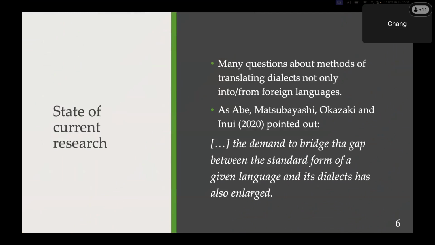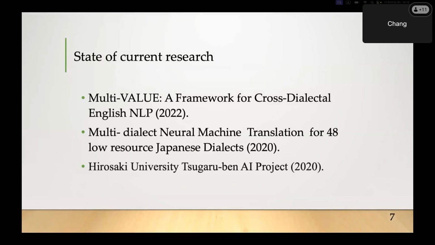The demand to bridge the gap between the standard form of a given language and its dialects has also grown. For instance, last year, Multi-VALUE, a framework for cross-dialectal English NLP, was created and is a perfect example of growing interest in dialects. Multi-VALUE is, in fact, a dialect robustness evaluation framework that is supposed to be interpretable, flexible, and scalable.